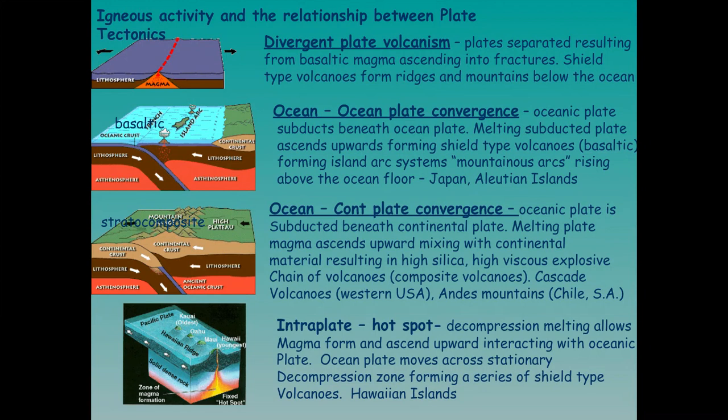And you should be able to take the relationship of the plate tectonic boundary and relate that to the chemistry, in terms of why we see composite volcanoes on the coast of continents and why we mostly see shield type volcanoes emanating from the ocean floor and as islands. It truly is that plate tectonics is a universal theory.